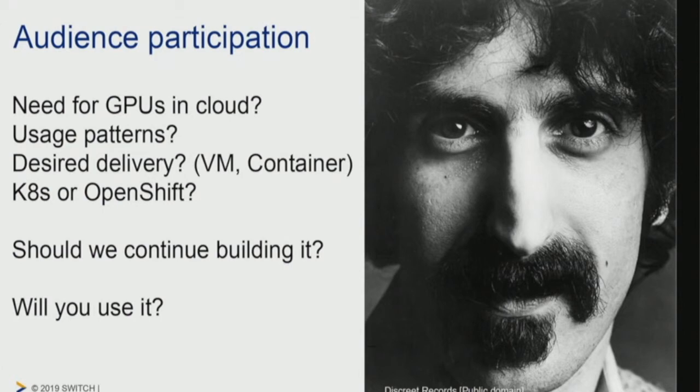The question is, I showed how to deploy them on VMs. That's the VM use case. Adrian showed how we can make them available in OpenShift or Kubernetes. Is there a clear preference for one or the other delivery type?